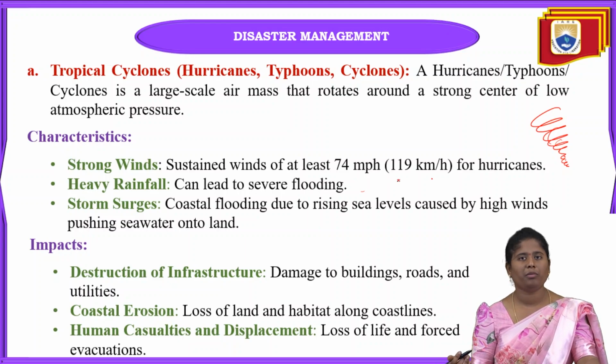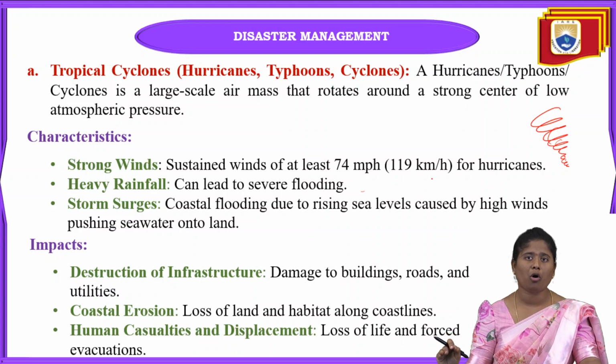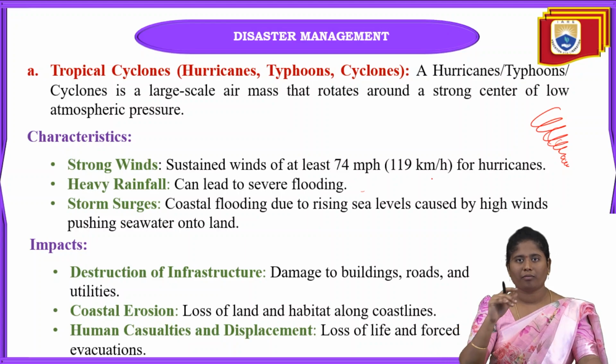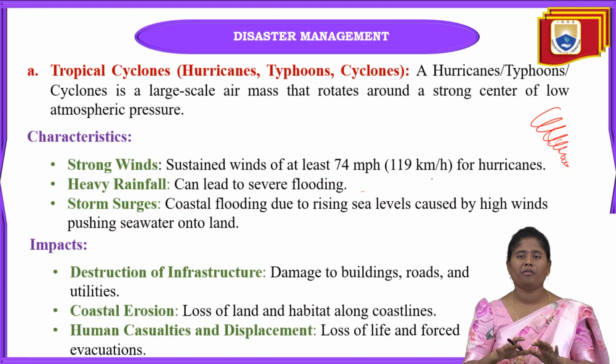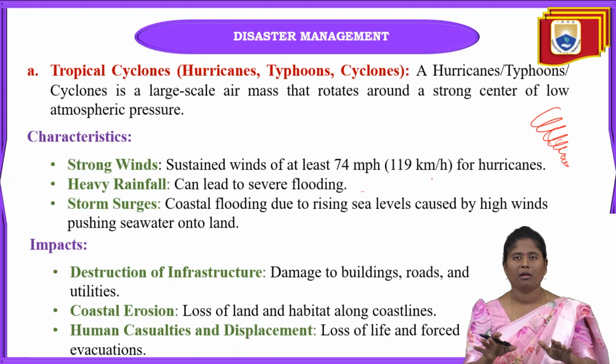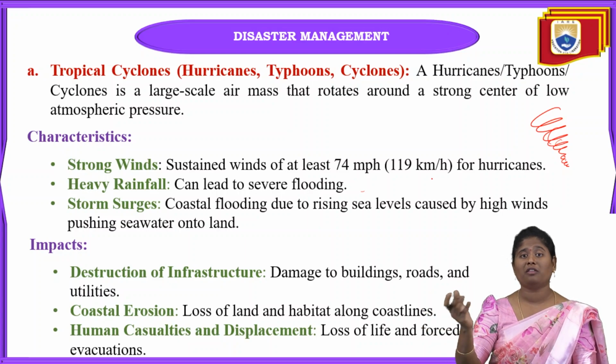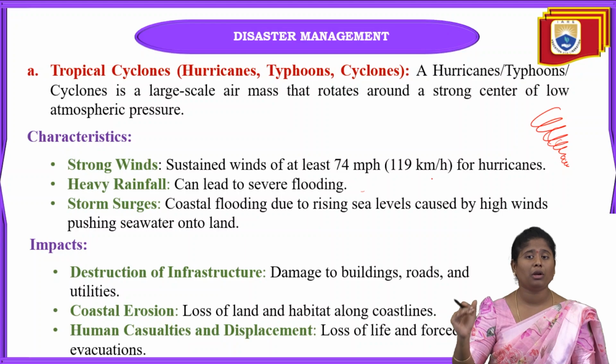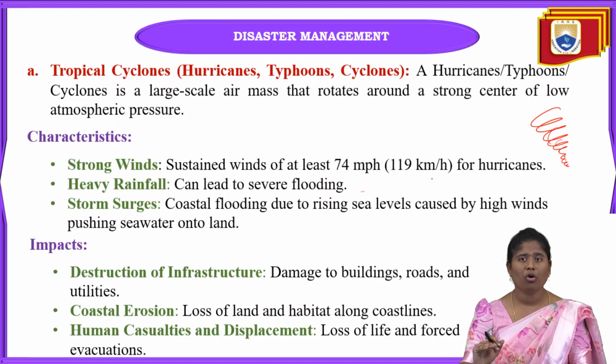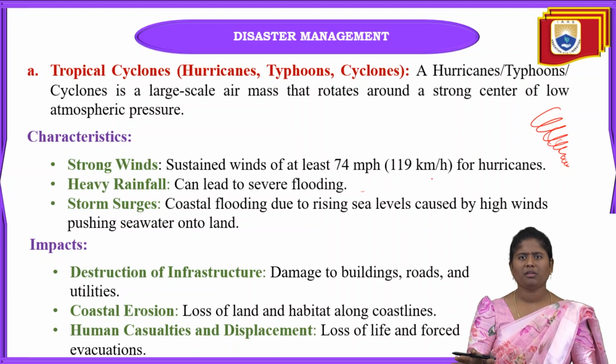If rainfall is heavy, automatically all the small lakes and ponds will get full. After all the water sources are full, the water will go onto the roads, transportation is going to be damaged, and that will cause severe flooding for the overall state or some districts also.